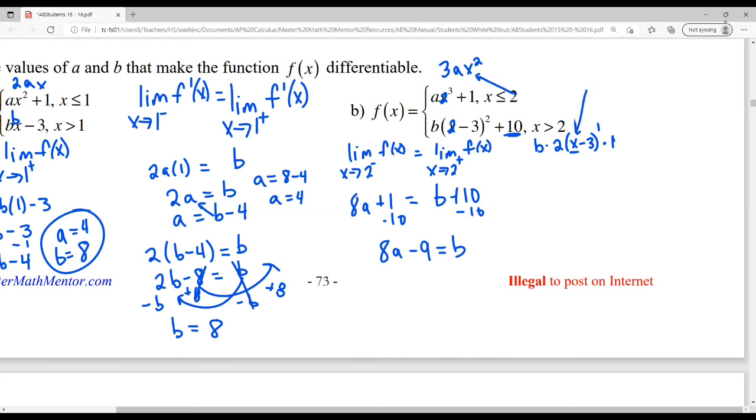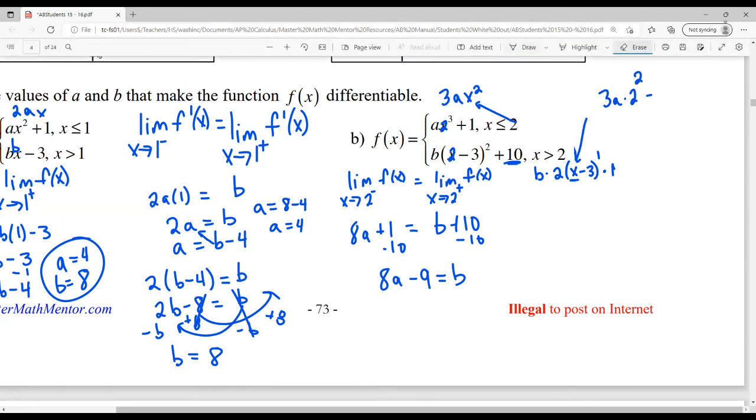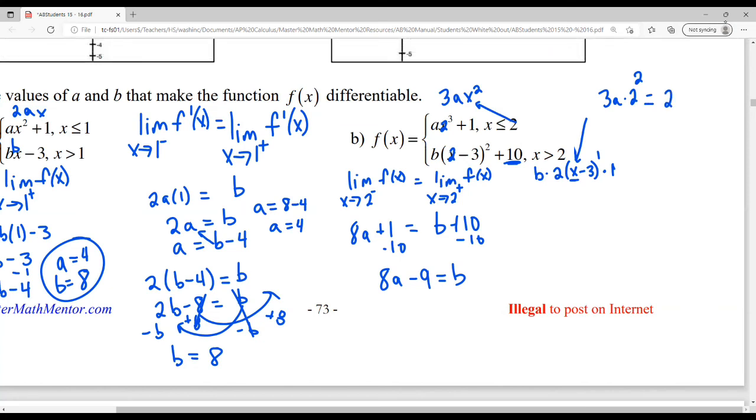So we end up with 3a times 2 squared is equal to 2b times 1 minus 3, which is negative 1. So we get 4 times 3 is 12a is equal to negative 2b.